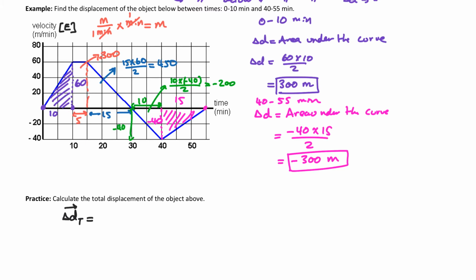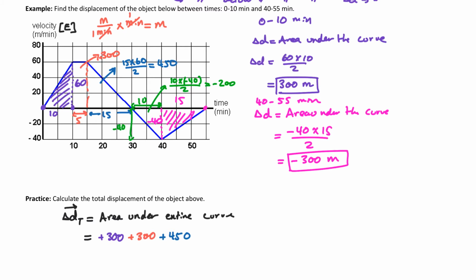We can calculate that by the area under the entire curve, and that's going to equal my purple area, which I calculated to be plus 300, and then my red one, which was 300, and then 450 was my blue one, and then I had some negative ones.